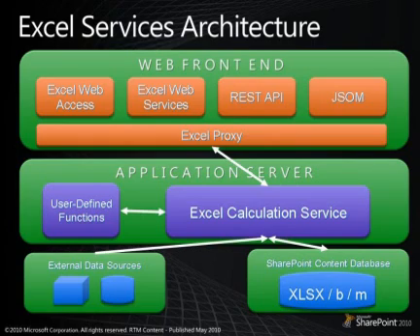The content databases are used for storing workbooks and content, the server application databases for storing information about the configuration of the service app, and then finally the farm configuration database. As with the previous version, the SharePoint server provides the platform for hosting ECS and storing as well as the security of the workbooks, as mentioned earlier.